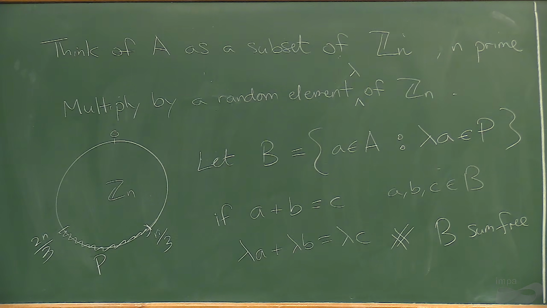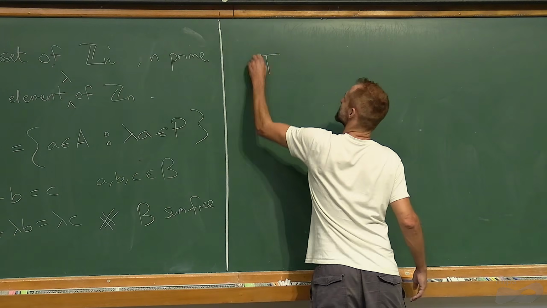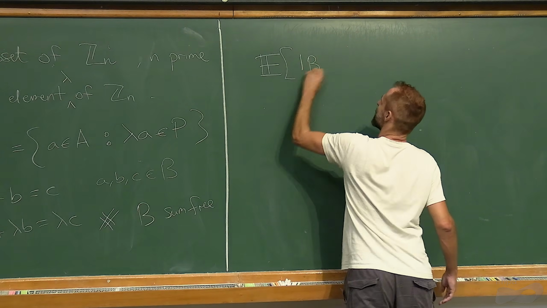But how large is B? Well, it's random, but we can calculate the expectation. What is the expected size of B?